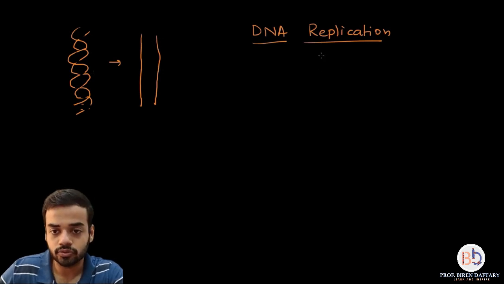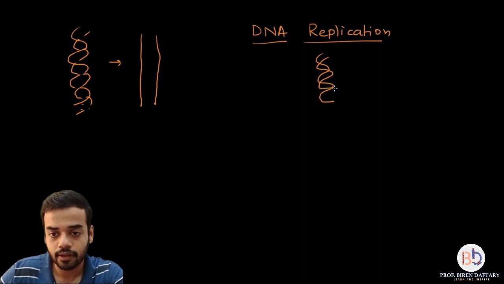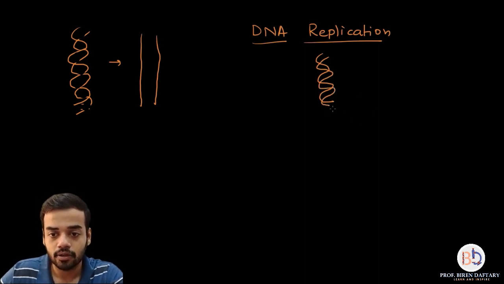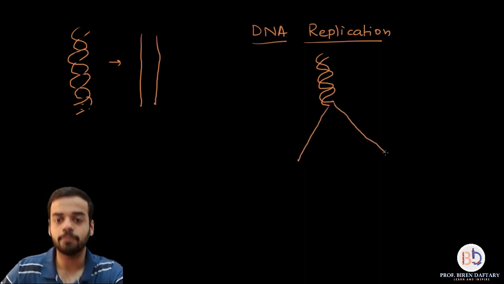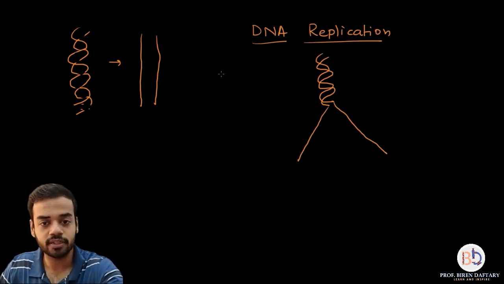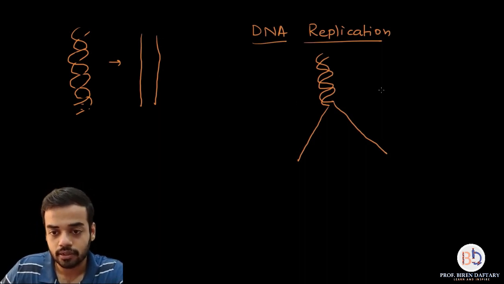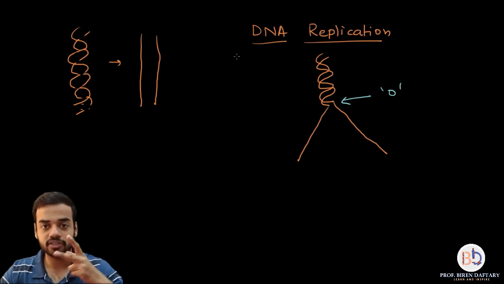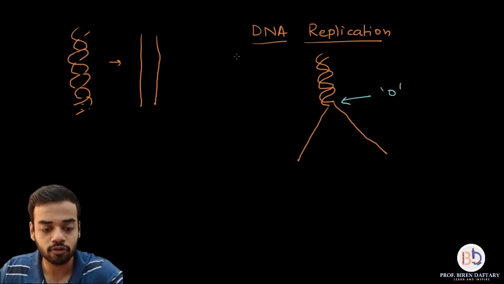So this is the coiled DNA, correct, and this is the DNA which has opened up. Now if you want to do the labelings which we had done earlier, this region is the origin, which was the first enzyme which caused the nick in one of the strands.